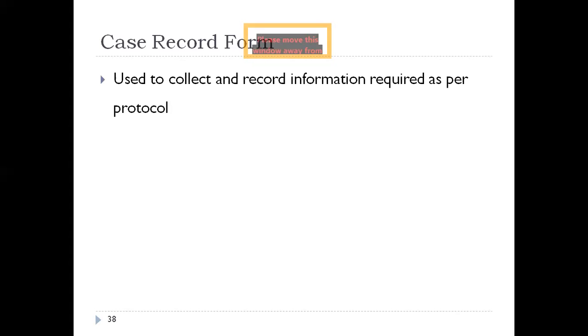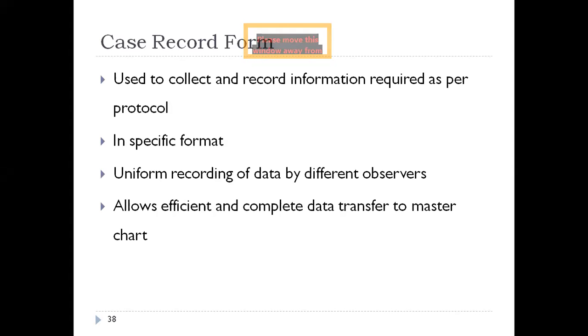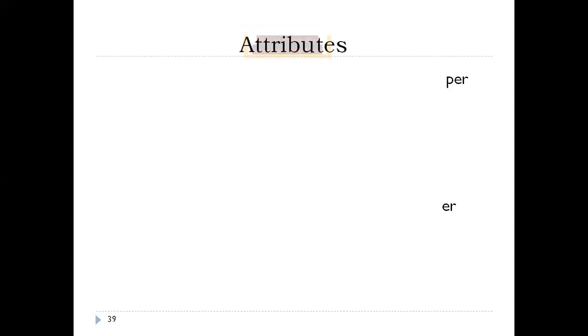A case record form is used to collect and record information that is required as per the research protocol in a particular format, and it ensures that there can be uniform recording of data by different observers. Case record forms allow efficient and complete data transfer to the master chart.